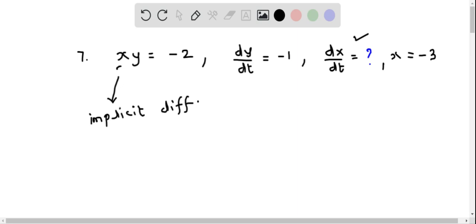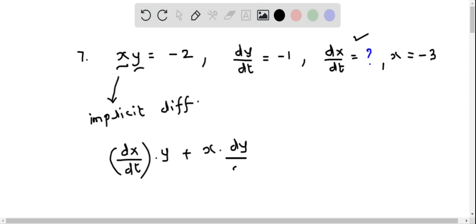So consider x as the first term and y as the second term. The derivative of x with respect to time is dx over dt times the second term, which is y, plus now we put the first term and multiply with the derivative of y with respect to time, that is dy over dt, and this equals the derivative of negative 2, which is 0.